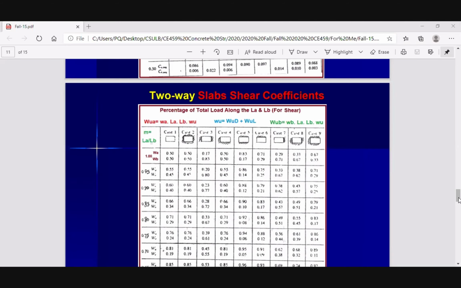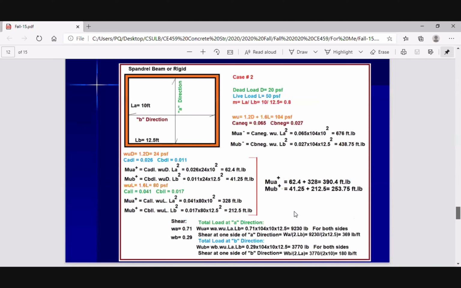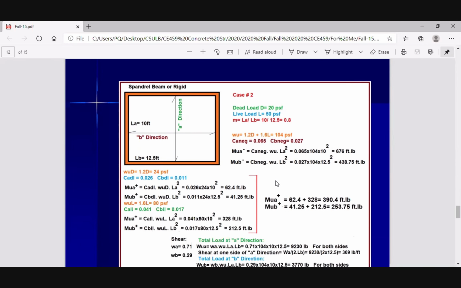Please do this for homework: redo this example with the following.